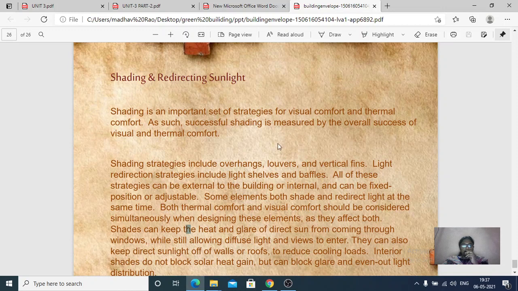Shading is an important set of strategies for visual and thermal comfort, and successful shading is measured by the overall success of the visual and thermal comfort.